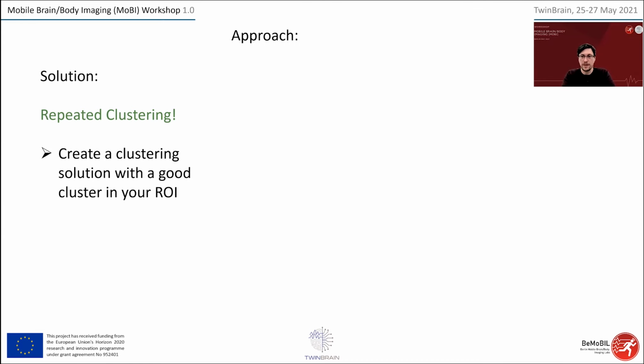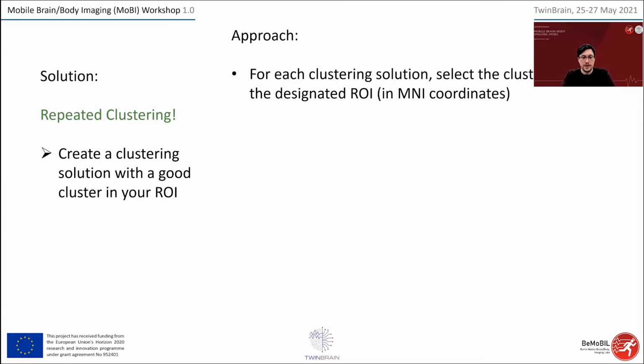So the approach here is, for every clustering solution, we cluster once, and then we select the cluster closest to the designated region of interest, in this case, entered into the function in MNI coordinates. And we do that, let's say, 1,000 times. So we have 1,000 clustering solutions, not 1,000 clusters, but 1,000 clustering solutions.